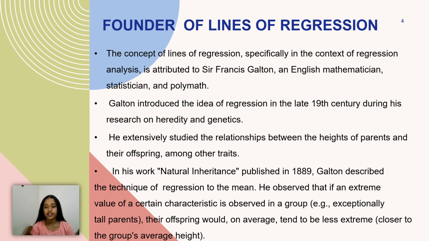Heredity and genetics is basically a biological term, and we can also see his book Natural Inheritance, published in 1889 by Sir Galton. It describes the relationship between the heights of parents and their offspring, among other traits. By this we can compare the dependent variables with the independent variables. This is how Sir Galton founded the lines of regression.